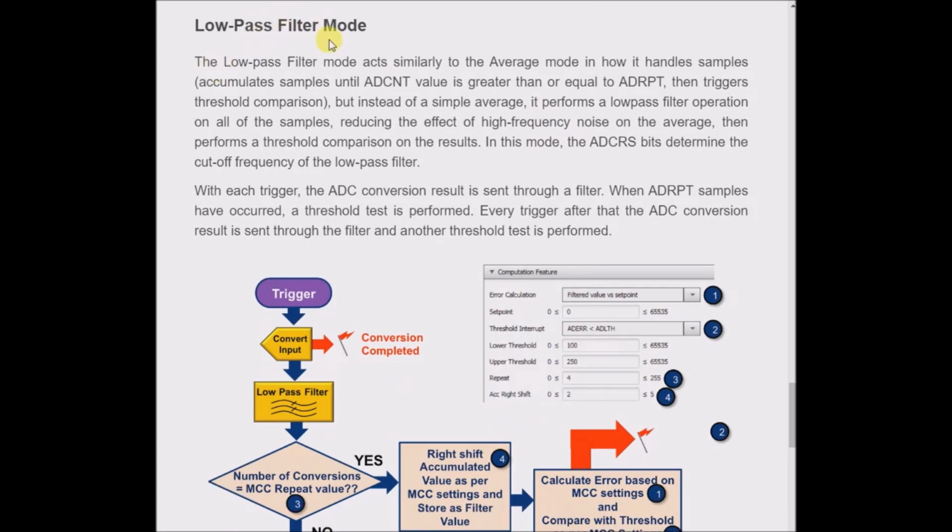Low pass filter mode. The low pass filter mode acts similarly to the average mode in how it handles samples, accumulates samples until ADCNT value is greater than or equal to ADRPT, then triggers threshold comparison, but instead of a simple average, it performs a low-pass filter operation on all of the samples, reducing the effect of high-frequency noise on the average, then performs a threshold comparison on the results.